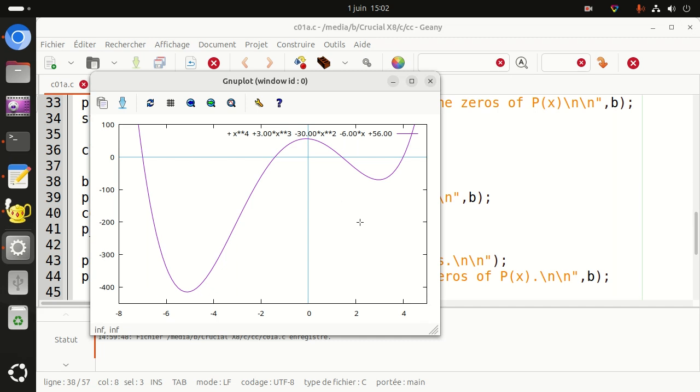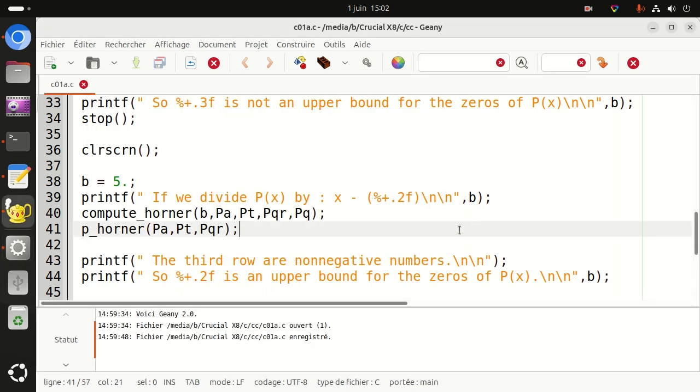Now I can see that all the roots of the polynomial are on the left of b. So 5 is the upper bound for the roots of P of X.